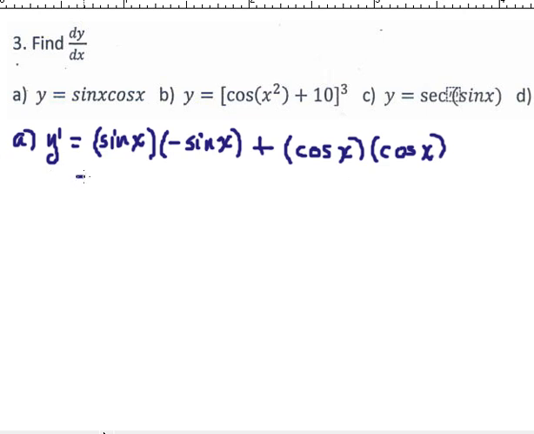So written more concisely, we have cosine squared x, we can write it like this, minus sine squared x.